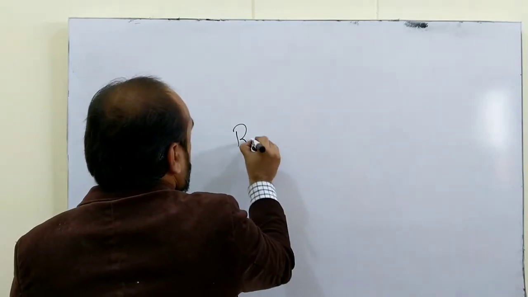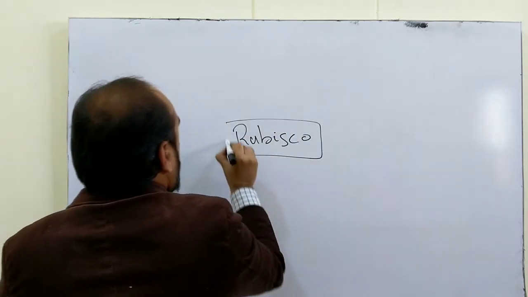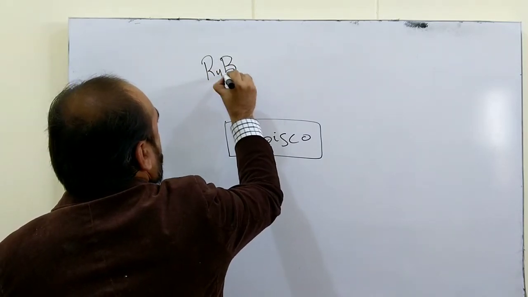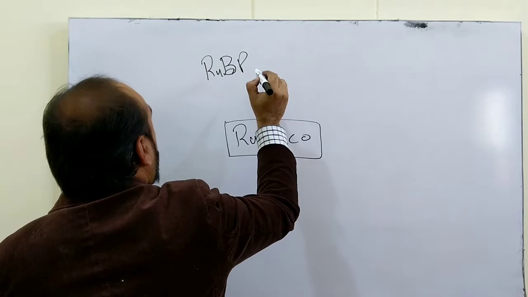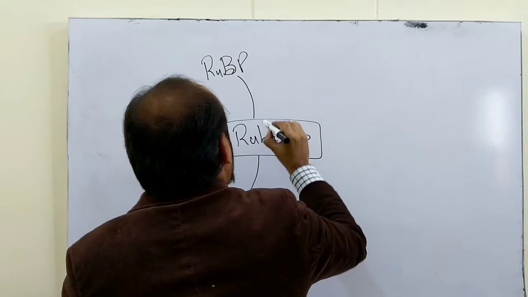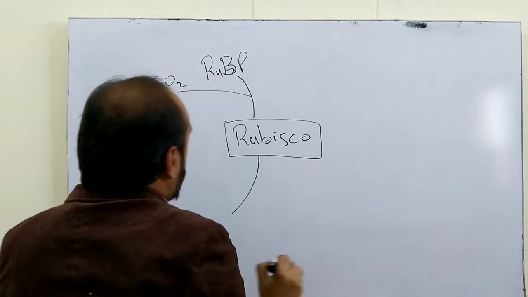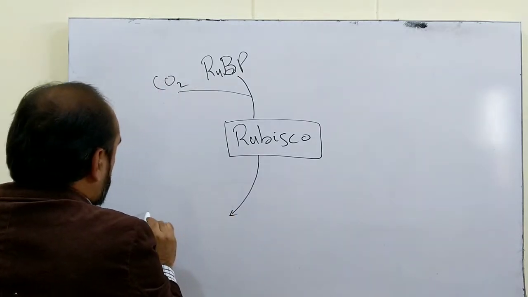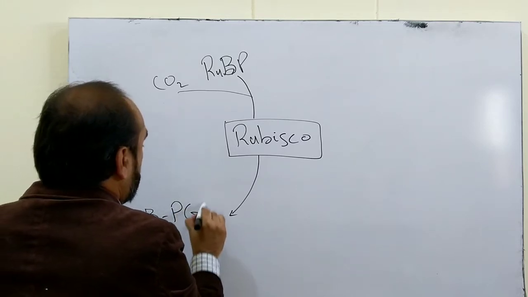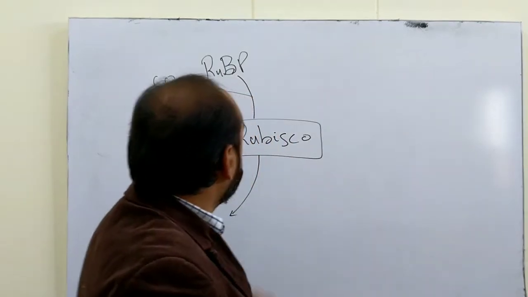So here we have Rubisco. When it accepts carbon dioxide, it gives two molecules of 3-carbon acid or 3-phosphoglycerate. So this is a perfectly okay reaction.